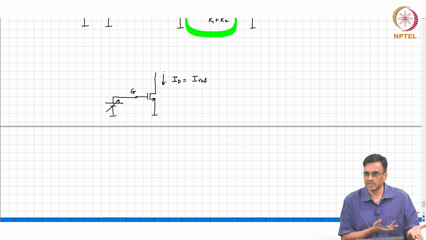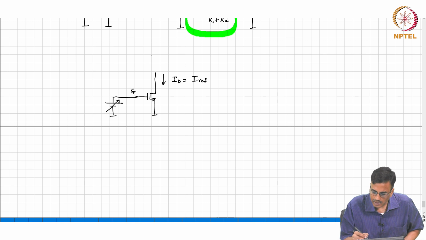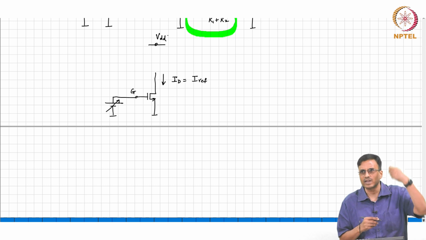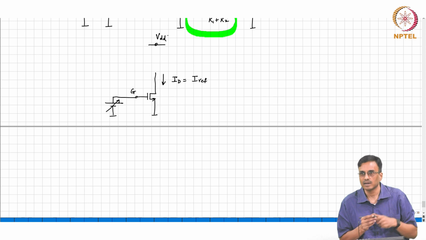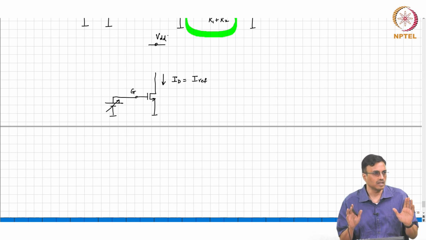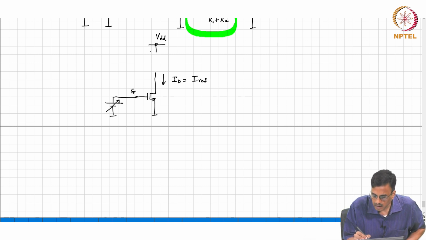You basically have to measure the current, and only then can you note it down, correct? So you need to stick an ammeter into the drain. But we have to ensure that the transistor is operating in saturation. So we hook the drain up to a sufficiently large voltage so that the transistor is known to be operating in saturation.